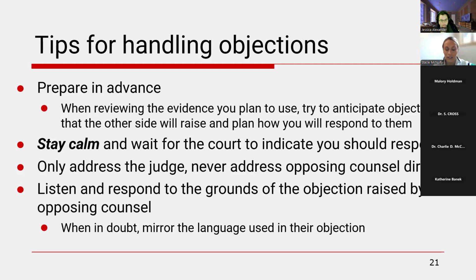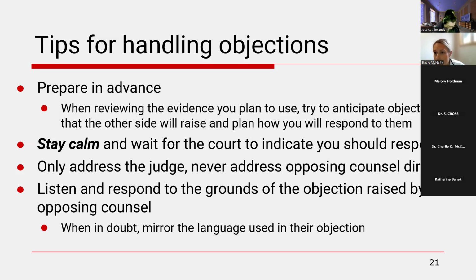Another tip is to listen exactly to what the side says about their objection. So respond to what they said and the grounds that they raised. And when you're not really sure what they said, or what the legal rule or grounds are, use the same language that they used. For example, when I gave that example before about prejudicial, they said, objection, Your Honor, this is prejudicial.